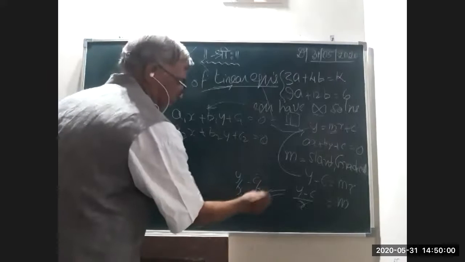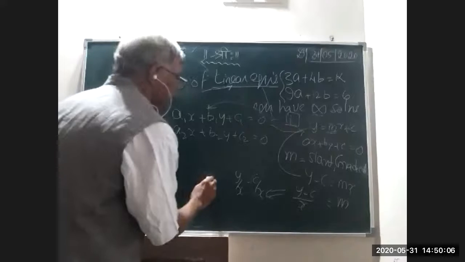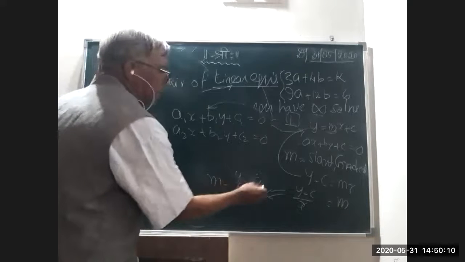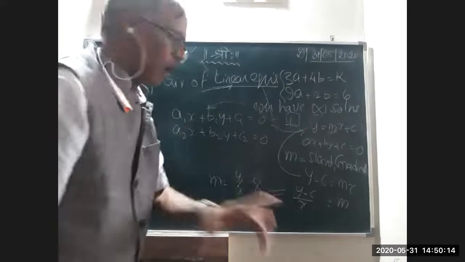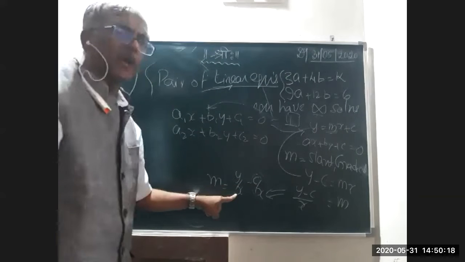So, friends, the constant c may be 0, may be non-zero, but ultimately y by x is important. So m is actually y by x minus c by x, or if the line is passing through the origin, then c will not be there. Therefore, m is y by x.